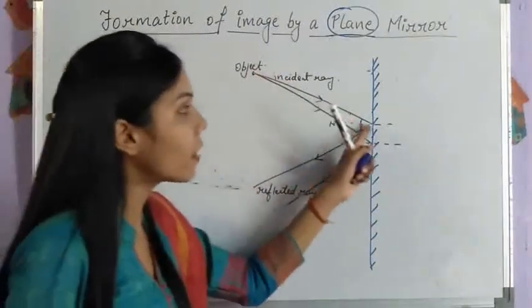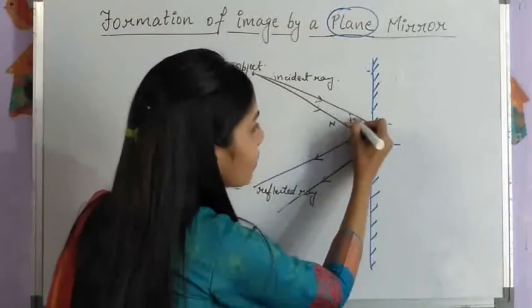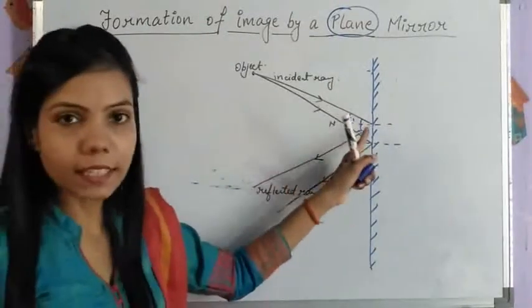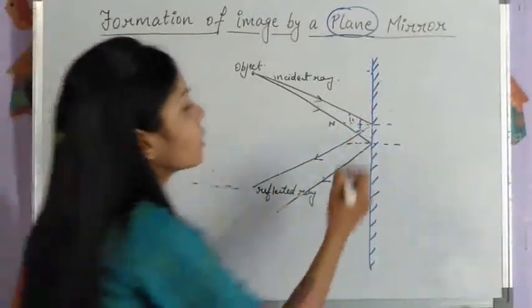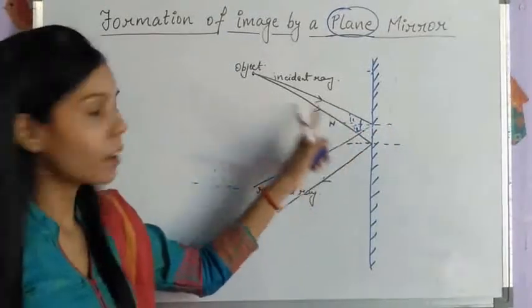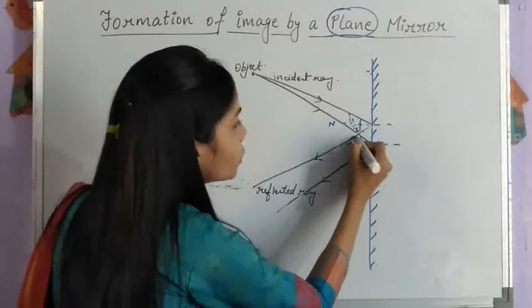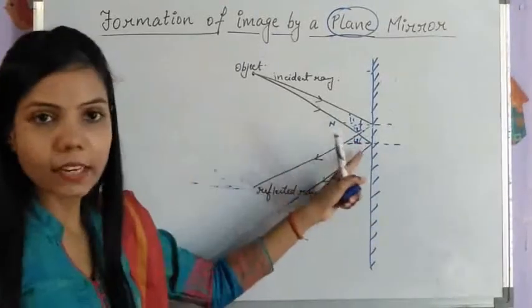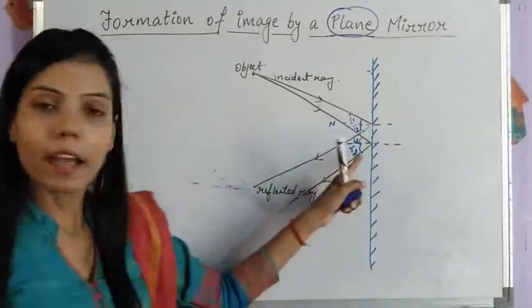For this incident ray, this is the angle, let us name it I1, first incident angle. It reflects along this direction, so this will be our R1, first reflected ray. Coming to the second, this is our I2, second incident ray, and this is R2, second reflected ray.